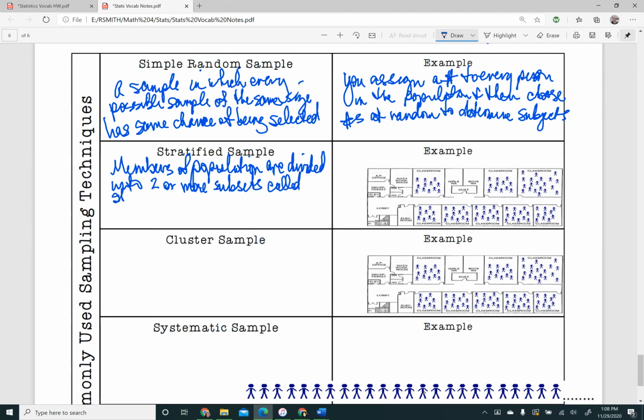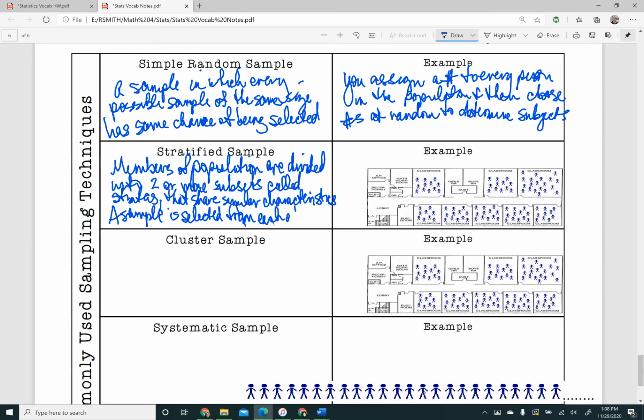That's why they're called stratified. That share similar characteristics. And then a sample is selected from each of the strata.